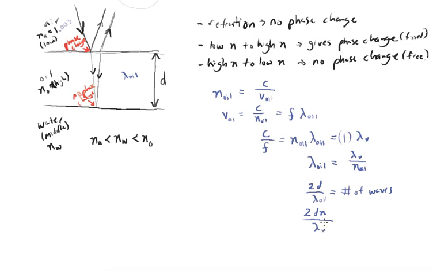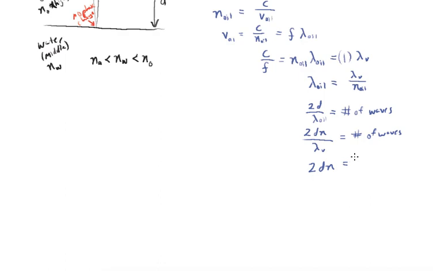Okay, so just its wavelength outside of the oil. And that has to equal some number of waves, whatever that number of waves would be. Now, this then just gives us that 2dn is equal to number of waves times lambda.